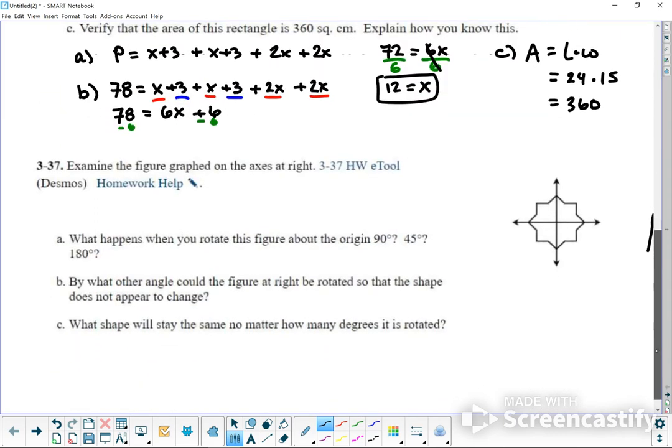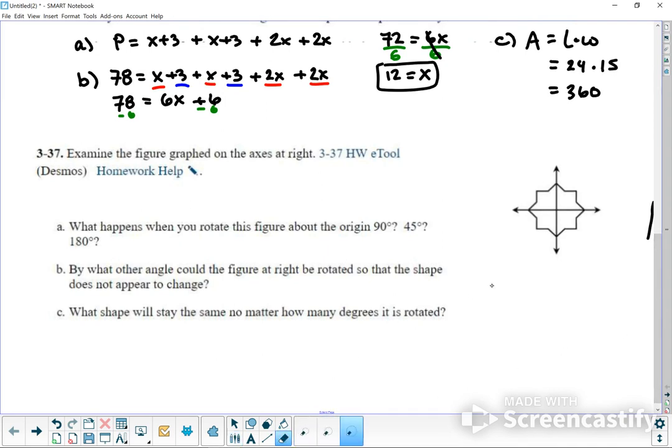Okay, examine the figure, the axis at the right. What happens if you rotate the figure about the origin 90 degrees? So you see it when I'm doing it, but 90 degrees is when I take this. I'm going to go ahead and copy this.